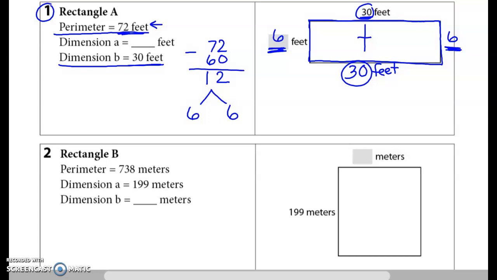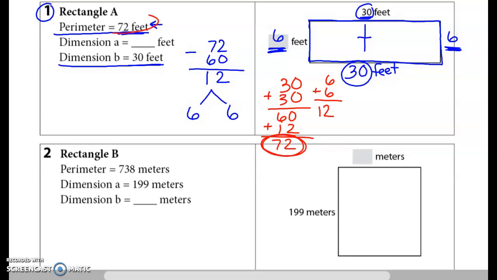So let's take our sides and add them all up. 30 plus 30 gives us 60, and 6 plus 6 gives us 12. If I add these two together, 60 plus 12 gives me a total perimeter of 72 feet, which is nice because up here, that was what we were working with. So my missing side, dimension A, equals 6 feet.